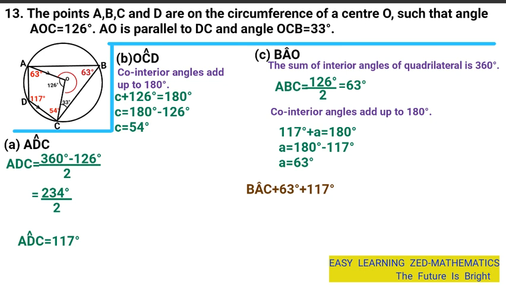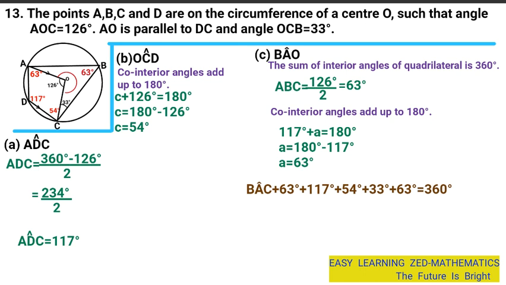So plus 54, plus 33, then plus 63, which is on B. All these angles should give us 360 degrees.